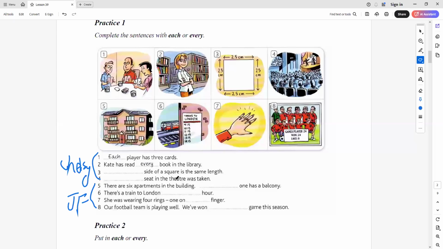2 more minutes. Okay, Kansan, you have to write the answers on the screen directly. Okay, Kansan? Thank you very much.